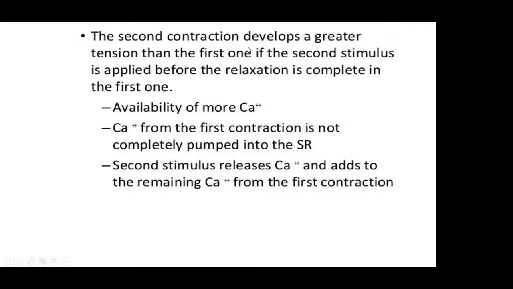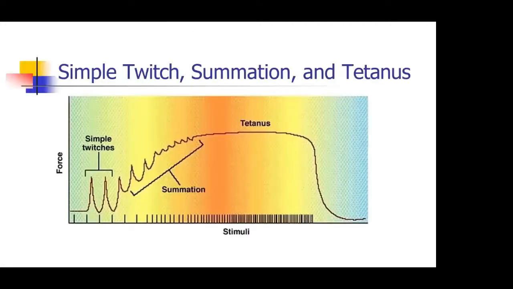The second contraction develops a greater tension than the first one if the second stimulus is applied before the relaxation is complete in the first one. This is due to increased availability of calcium. Calcium from the first contraction is not pumped back by the SERCA pump and it is available. The second stimulus also releases calcium and adds to the remaining calcium from the first contraction.